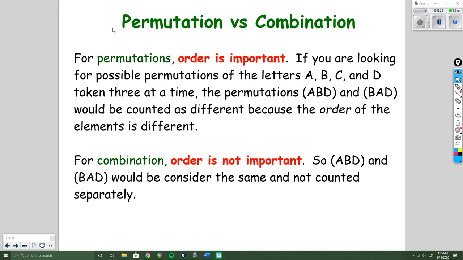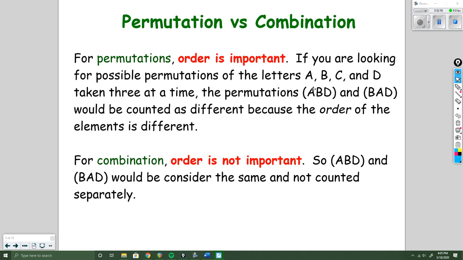Okay, so a lot of times I like to use the analogy, permutations are like races, whereas combinations are like teams. Okay, so let's continue to elaborate here. If we're looking for the possible permutations of the letters A, B, C, and D, and we're choosing 3, the permutations ABD and BAD are different events because the order of the elements is different.